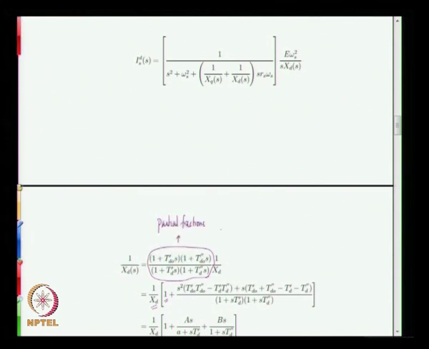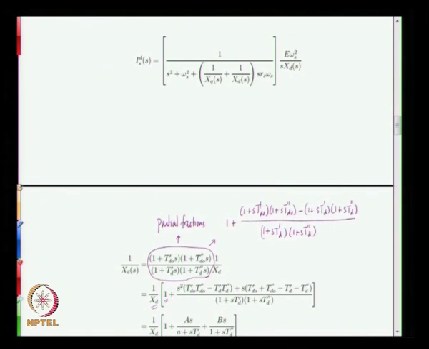So this essentially can be represented as, if you take 1, then it is (1 plus s T'do)(1 plus s T''do) minus (1 plus s T'd)(1 plus s T''d) divided by (1 plus s T'd)(1 plus s T''d).